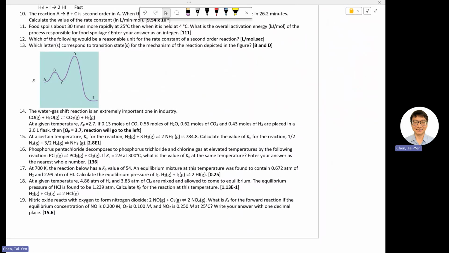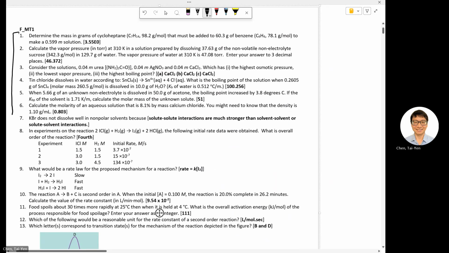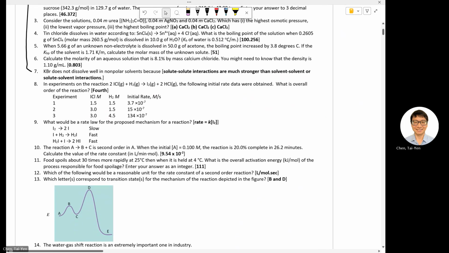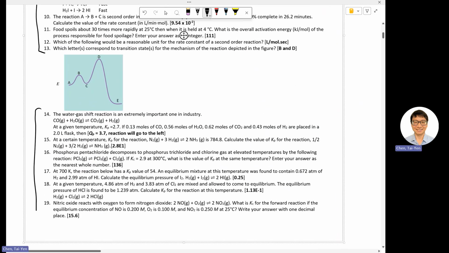Questions 1 to 7 are for chapter 10, 8 to 13 are chapter 11, and 14 to 19 are chapter 12. We're going to go backwards. We'll go through the questions for chapter 12 today, and on Thursday we'll go through the questions for chapters 11 and 10.